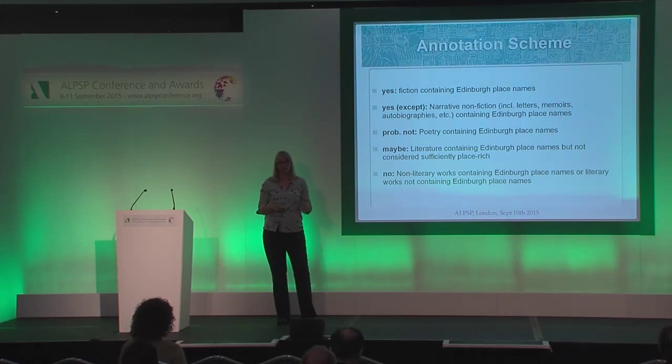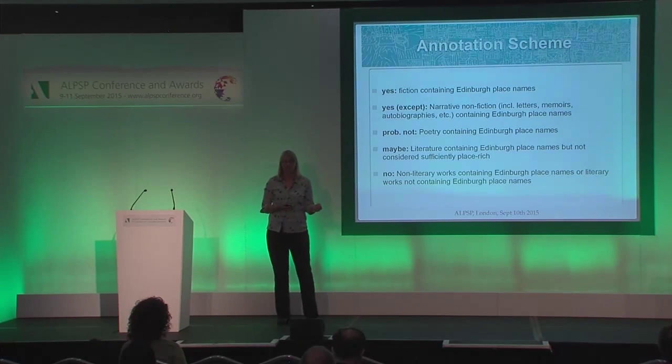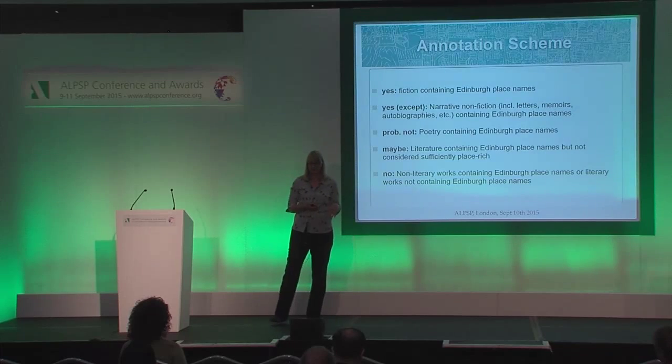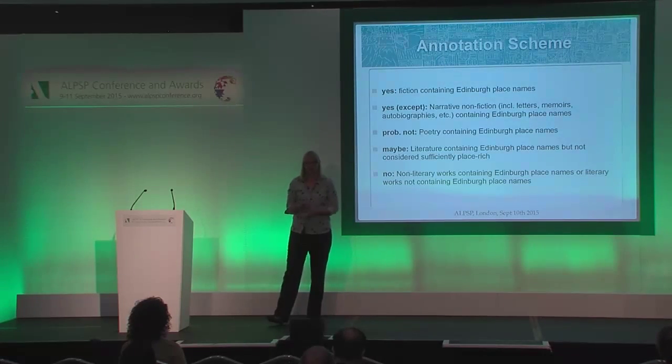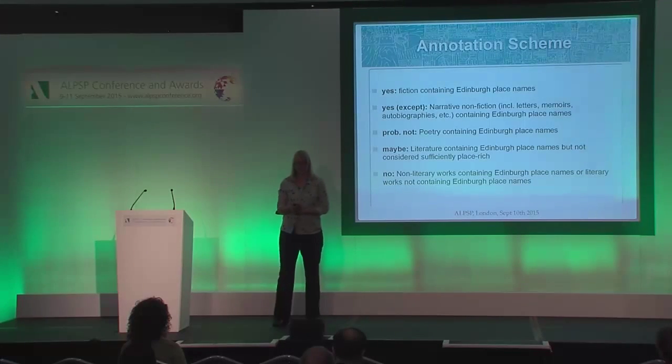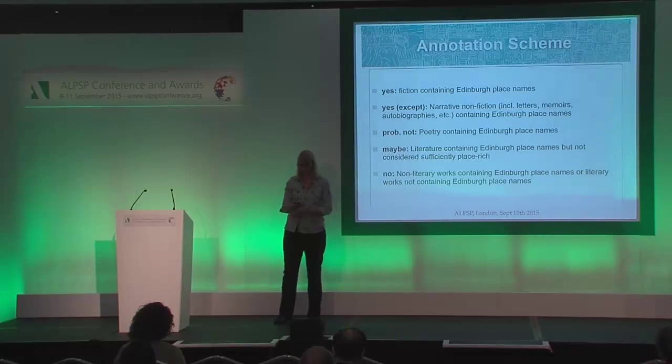The scheme they used had 5 different categories. The ones that they did include were fiction containing Edinburgh place names, and then they wanted to make a distinction between that and narrative non-fiction, so narrative, travel literature, and memoirs, and so on, that also contained Edinburgh place names. The other categories they didn't want to include.